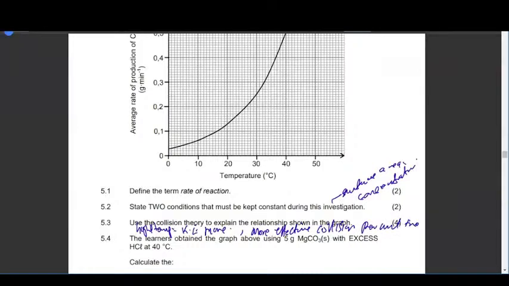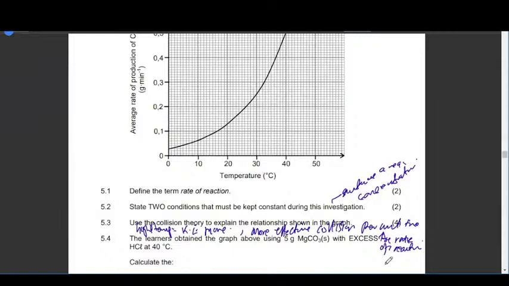So the higher the temperature, the higher the number of particles with more kinetic energy, and the more effective collisions per unit time will happen. And then what happens if more effective collision, there will be a higher rate of reaction, or increase in the rate of reaction.